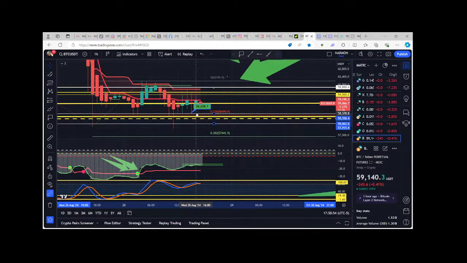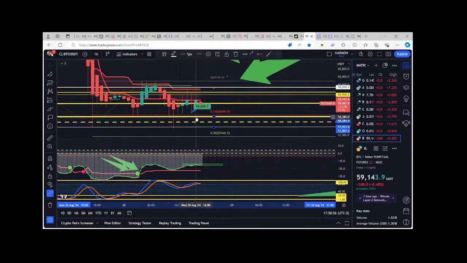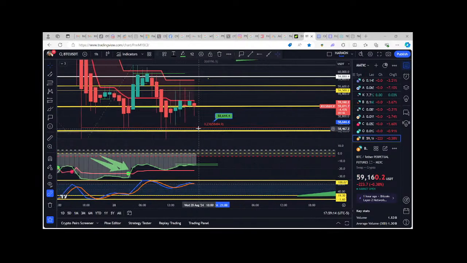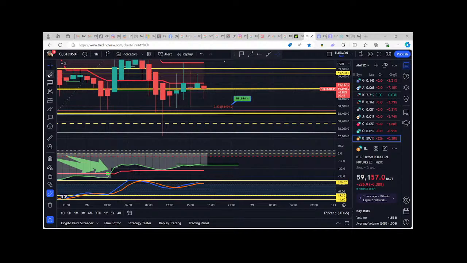Didn't quite hit our buy zones, all right, but it did have that pullback right there. And in that situation, we're looking to capitalize on grabbing any of those, but it hasn't really found a foundation for us.